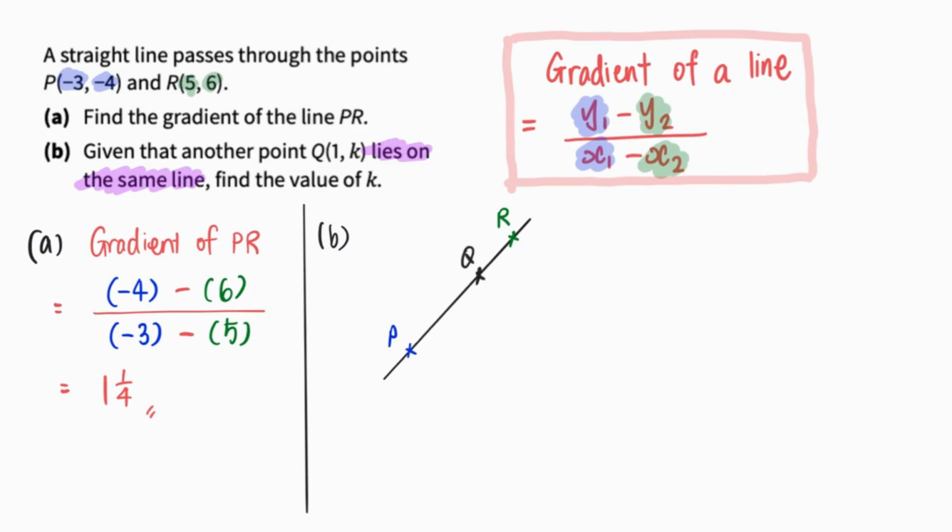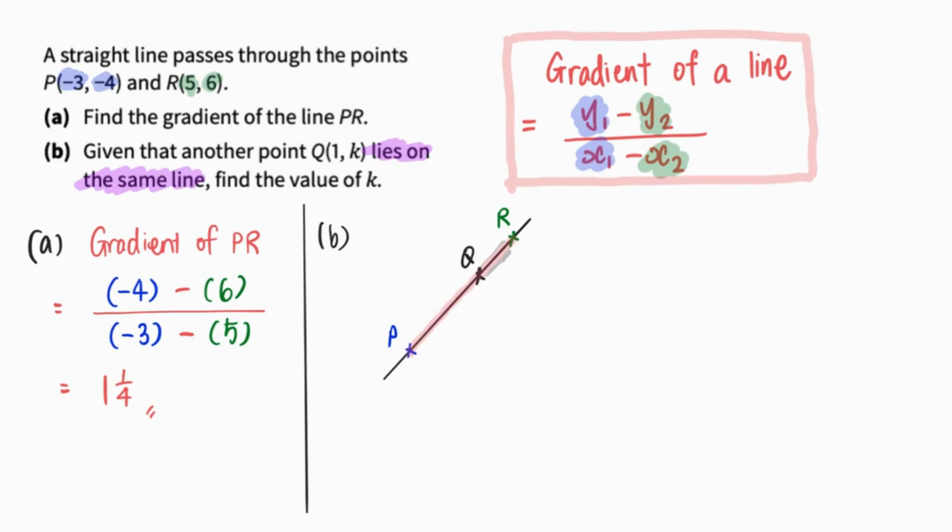What do you think the gradient of QR, what do you think the gradient of this line is? Is it the same as this line? Yes, it is, because it is lying on that same straight line. So the gradient is exactly the same.